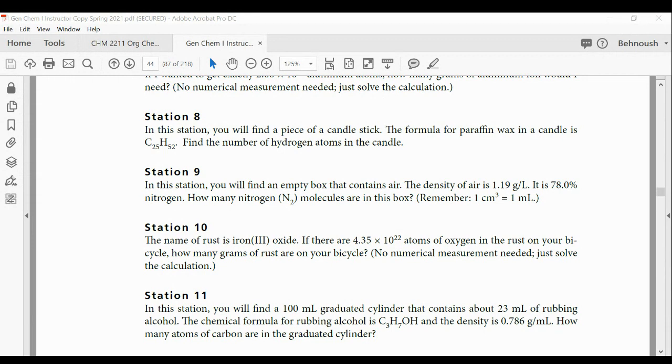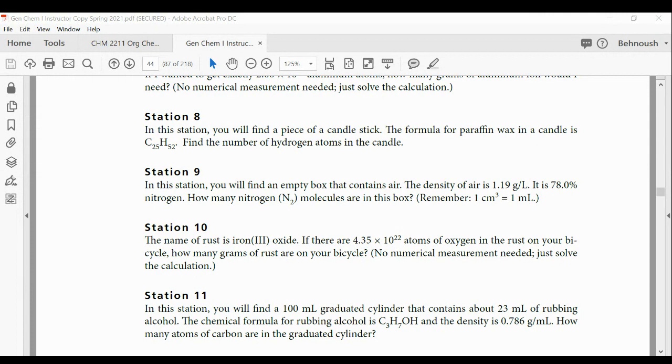For moles of N2, mass of N2, which is the mass of nitrogen, divided by 28, right? 28 grams per mole of nitrogen. Fourteen times 2, yes, or 28 grams per mole, okay?